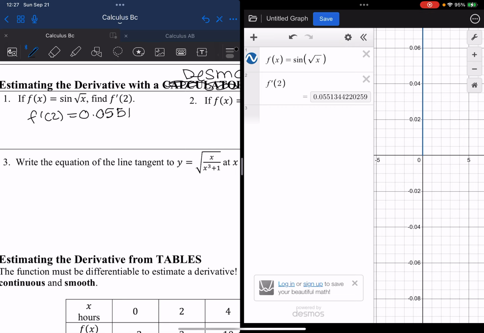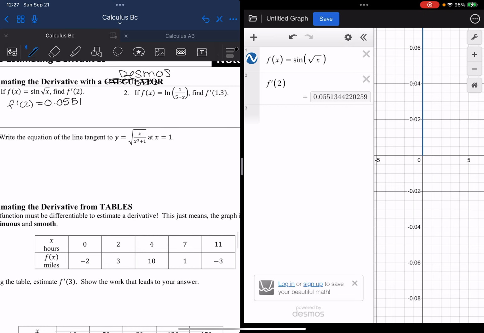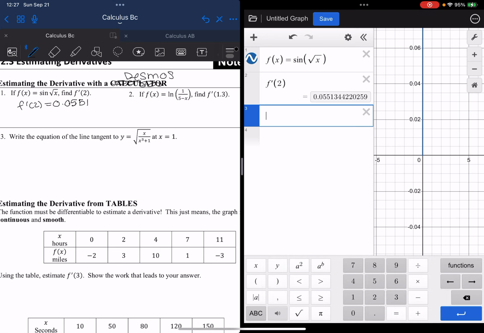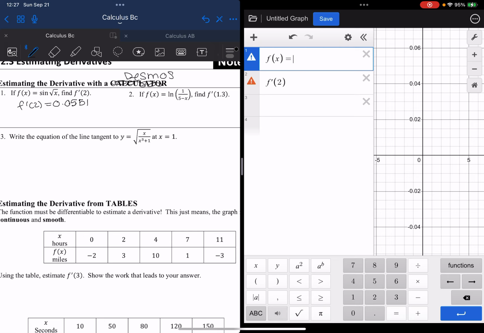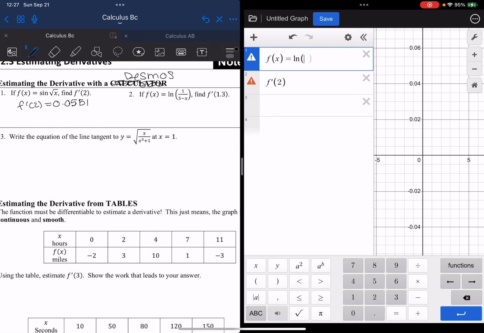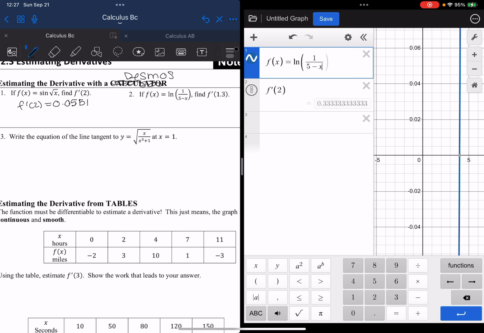Okay, you would do the same thing for each of these. Okay, so I'm going to do one more, and then I'm just going to go back to the screen. So again, you're going to type in f of x, or what you could do is even just erase what you have up here, right? F of x is the natural log of 1 divided by 5 minus x.